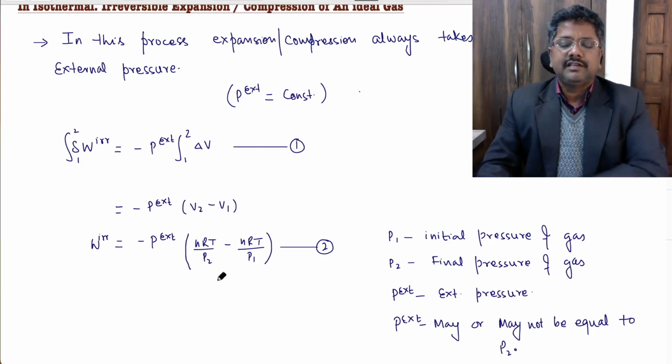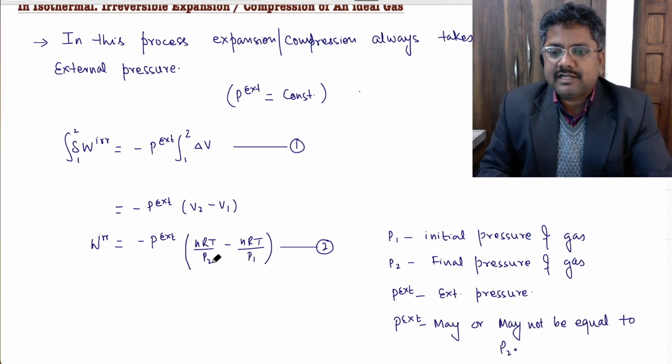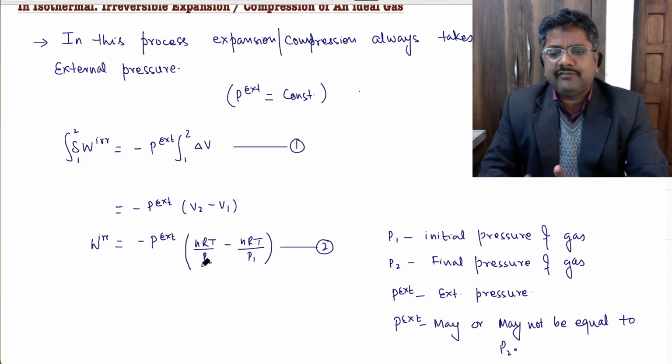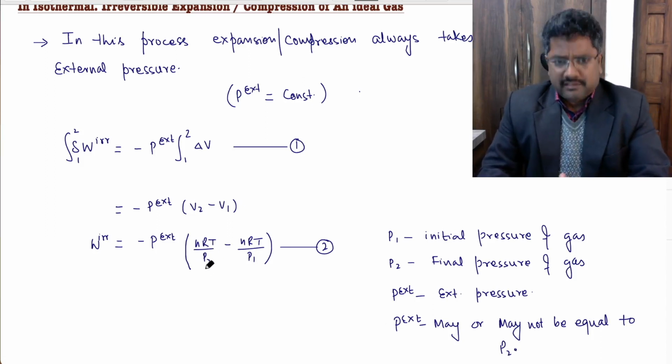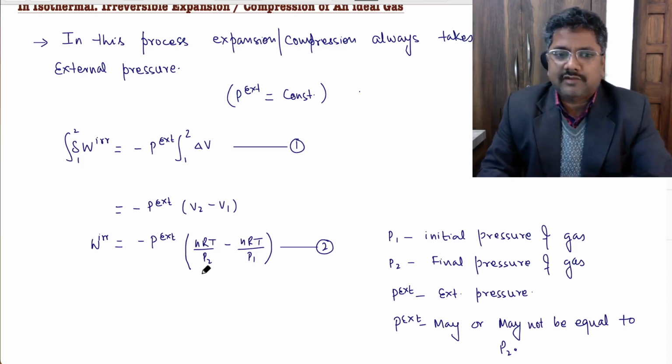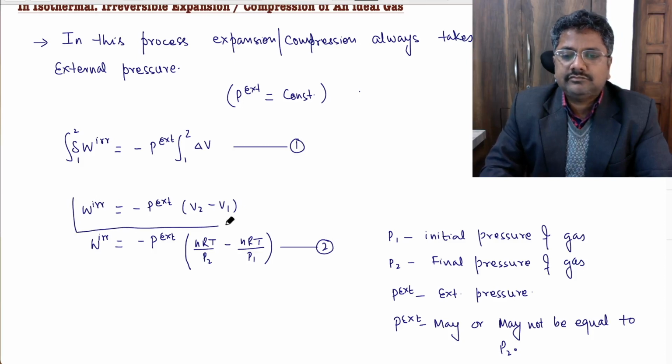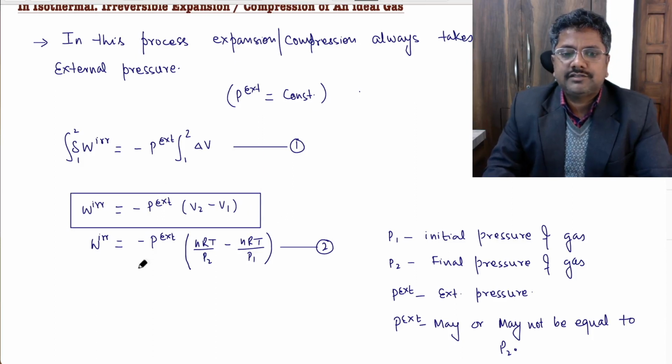This P2, the final pressure of the gas, may or may not be equal to the external pressure. It is not mandatory that every time this should be equal. That depends on the construction of our system. So these are the two formulas we have for calculation of work in the irreversible process, right?